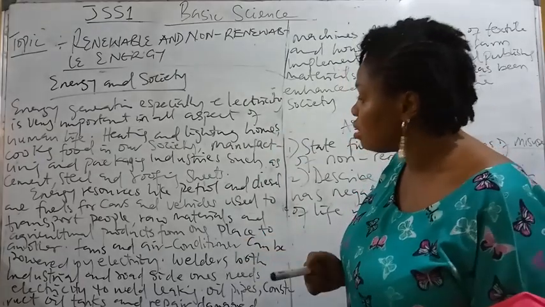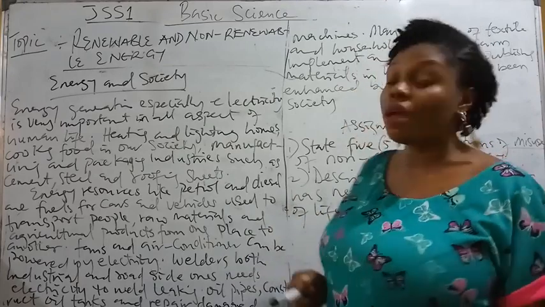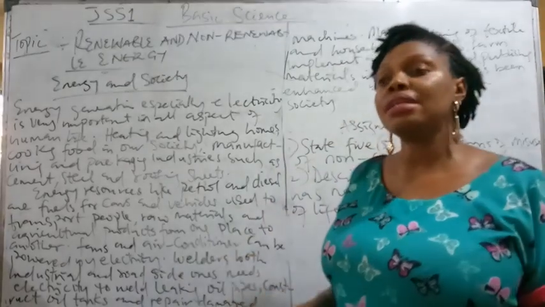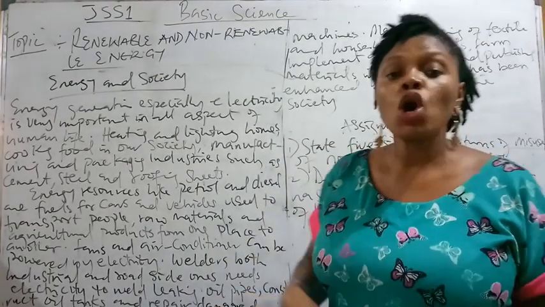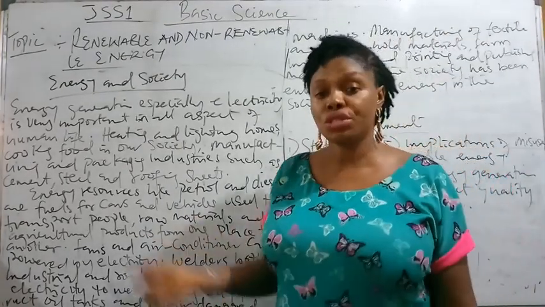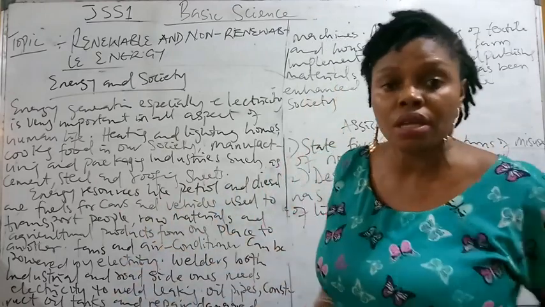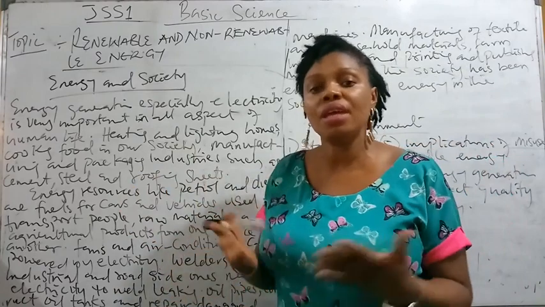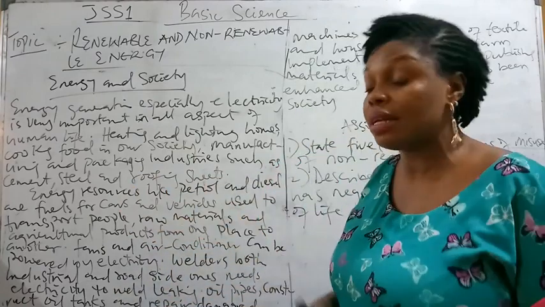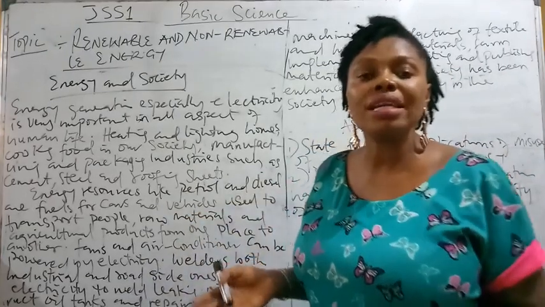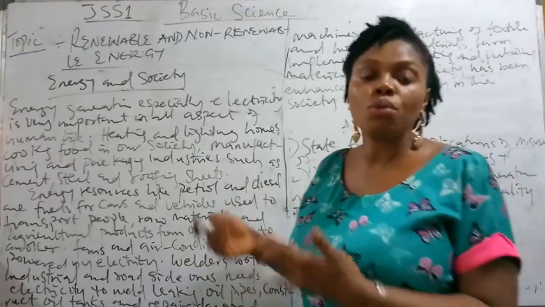We discussed the disadvantages of non-renewable energy, and we said that scarcity of fuel causes what? Long time suffering. When there's no fuel in the society, you see people trekking, and only those that have the energy, that have stamina, can trek from one place to another. You see people struggling to get a vehicle to come to school.